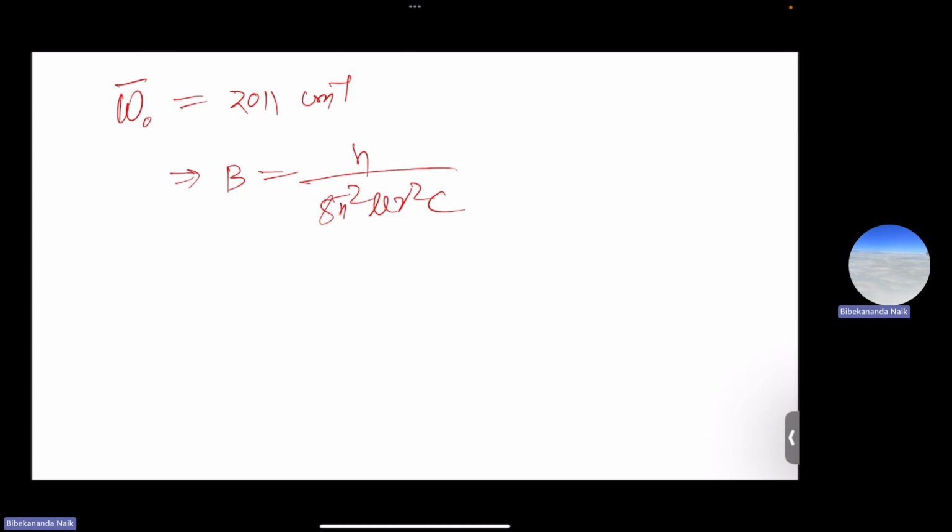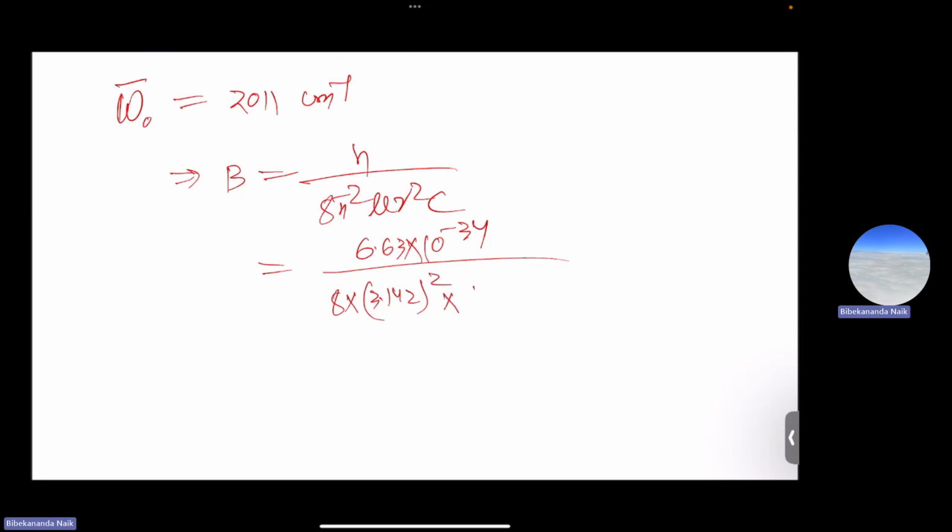H, there is h cross by 2I, because h cross square by 2I comes due to the eigenvalue. Then if you put all the values, it is 6.63 into 10 to the power minus 34 divided by 8 into 3.142 square.